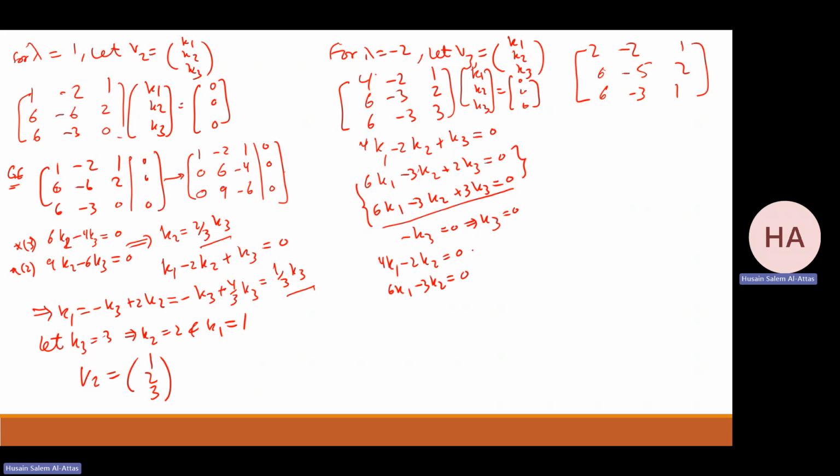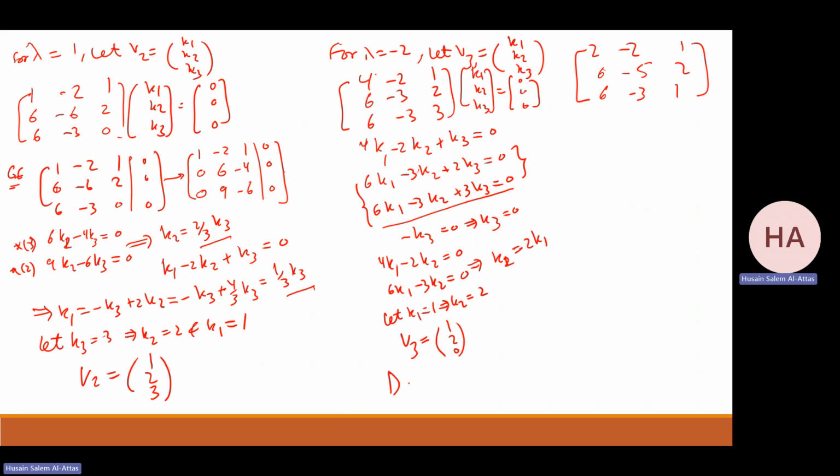Both are the same. So it means k2 equals 2k1. If k2 equals 2k1, then we have everything 0, 0. So let k1 equal 1, that implies k2 equals 2. So v3 will be 1, 2, 0.